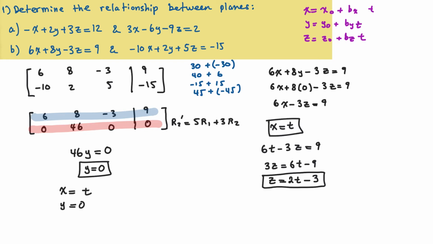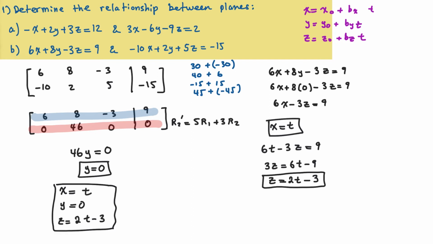And finally, for our z component, we are going to have 2t minus 3, meaning that our particular point that we are choosing will have a coordinate of negative 3 here, and we're adding that to 2 times t, meaning that the z component of our direction vector will have a component of 2.